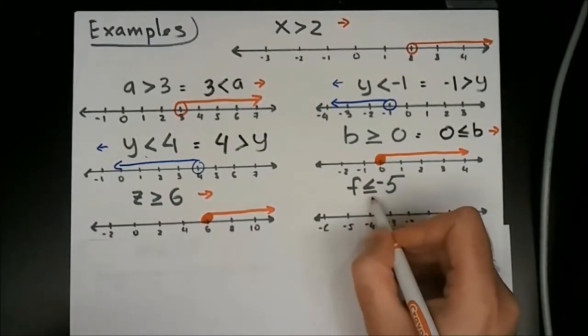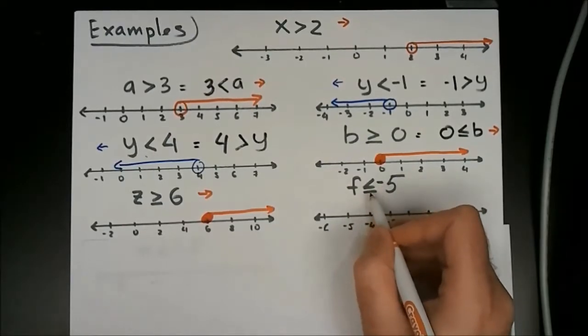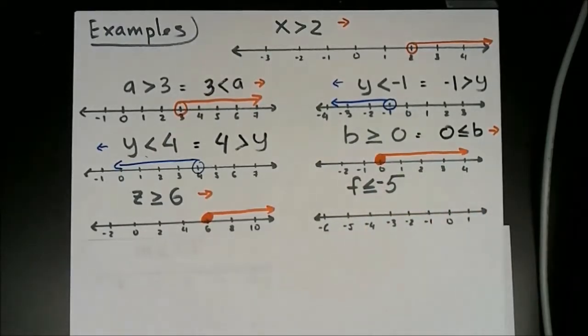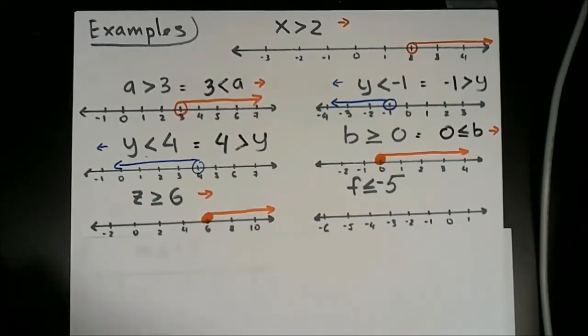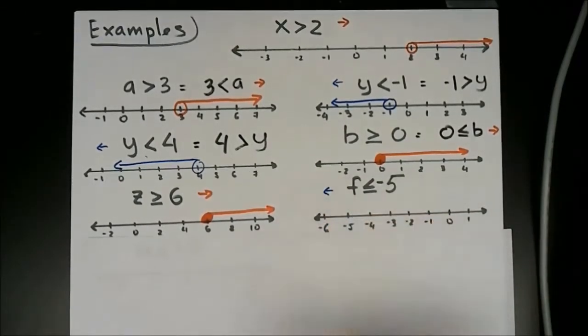F less than or equal to -5. My F is facing the sharp or the small portion of the alligator symbol. Which direction am I going? If the variable faces the sharp or the pointy part of the alligator symbol, left. What's my starting point? -5.